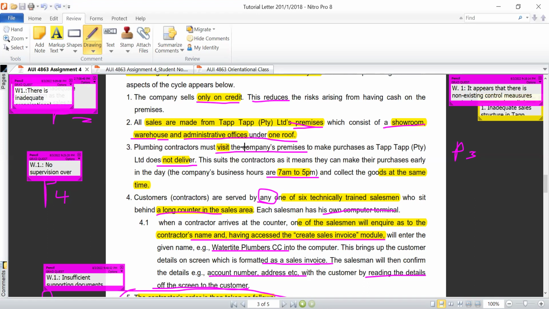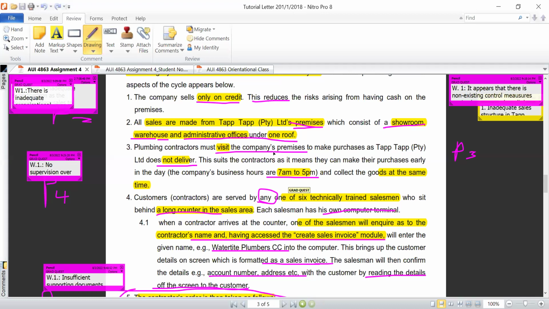Now, number 3, plumbing contractors must visit the company's premises to make purchases as TEP Pty Limited does not deliver. This suits the contractors as it means they can make their purchases early in the day. The company's business hours are from 7 to 5 p.m. and they collect the goods at the same time.